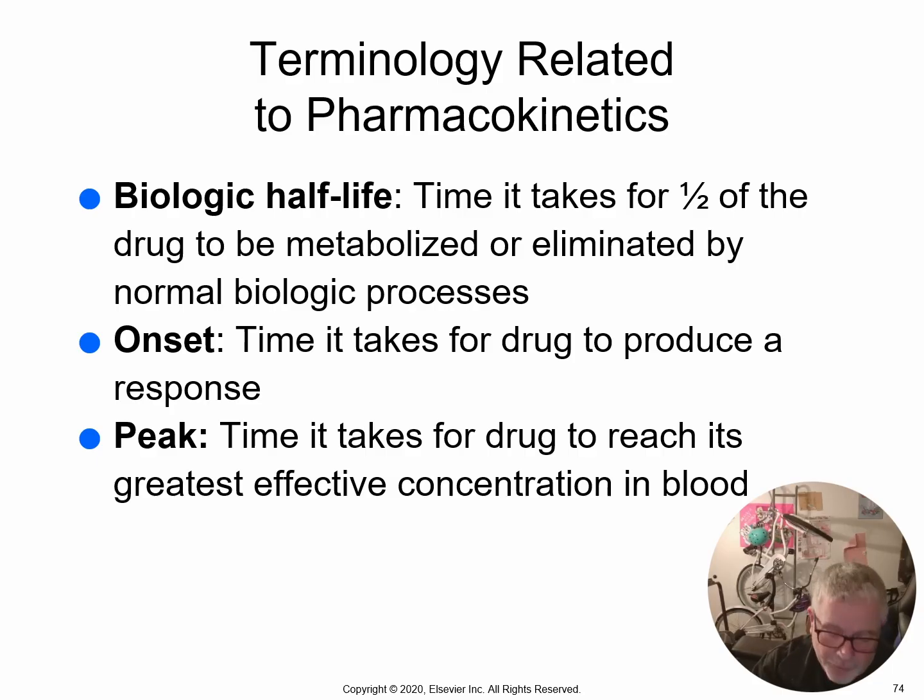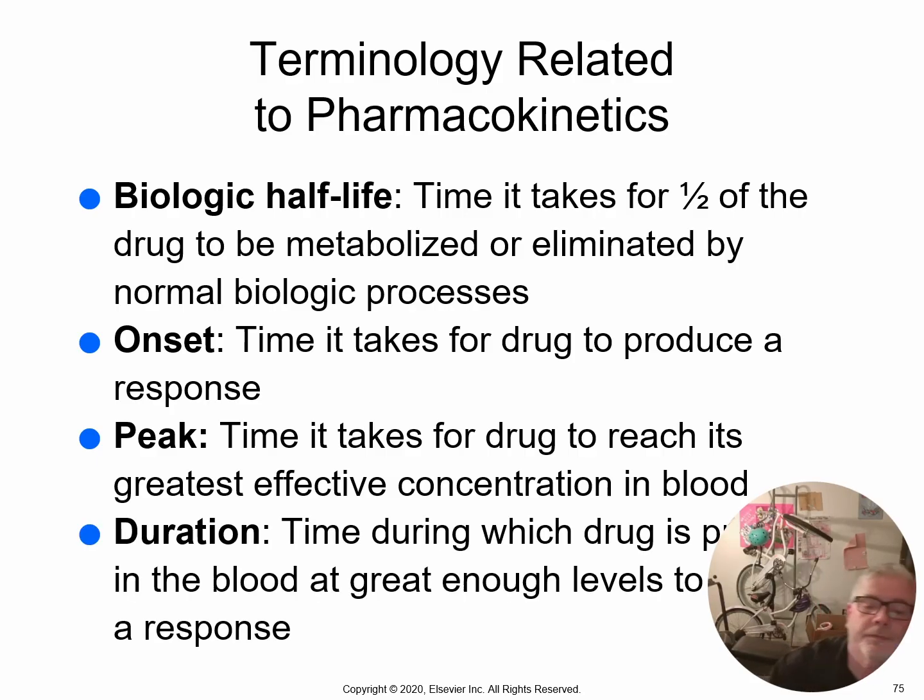So sometimes hospitalized patients will have to have blood draws to see when a medication is at its peak, when it's at its highest level, and then they'll have other blood draws to see when it's at its lowest level. And then they try to tailor the treatment based on those numbers. And the duration is the time during which the drug stays in the blood at great enough levels to produce a response.